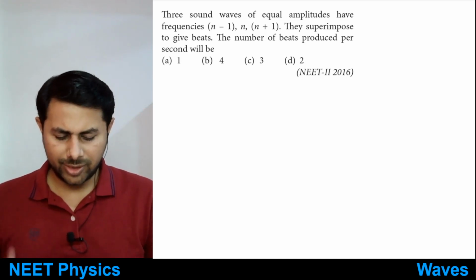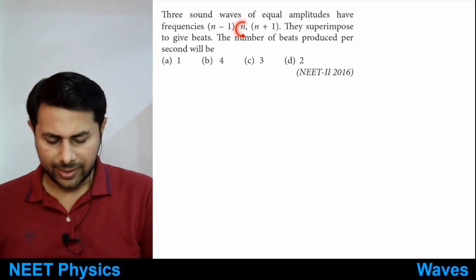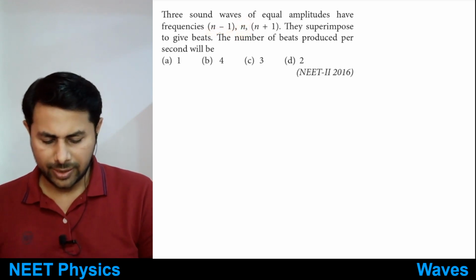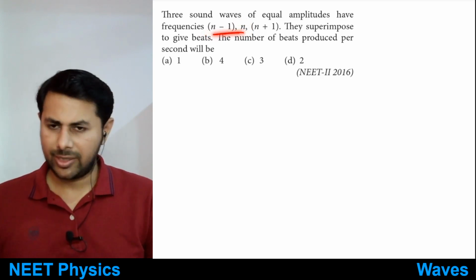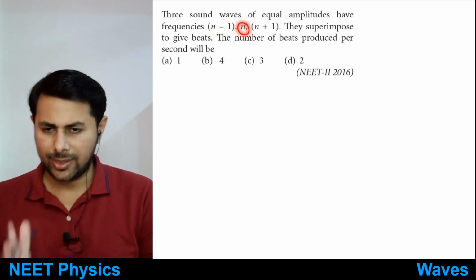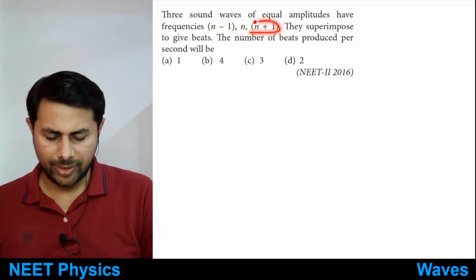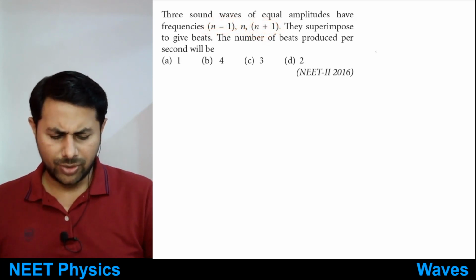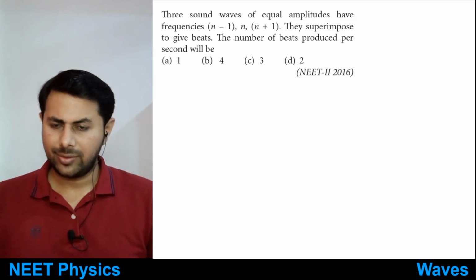So answer of this one is C. Answer of this one would be, it will go like this. So you have these two. Okay, this is first one, second one. There would be some beats between them. How many? 1. So n produces 1 beat with n minus 1 and it produces 1 beat with n plus 1. So total number of beats would be equal to 2. Okay.